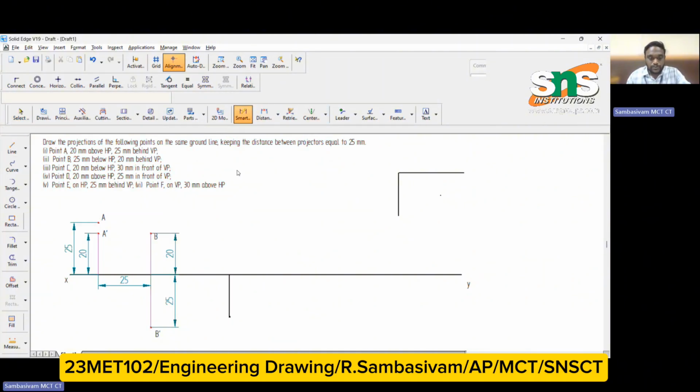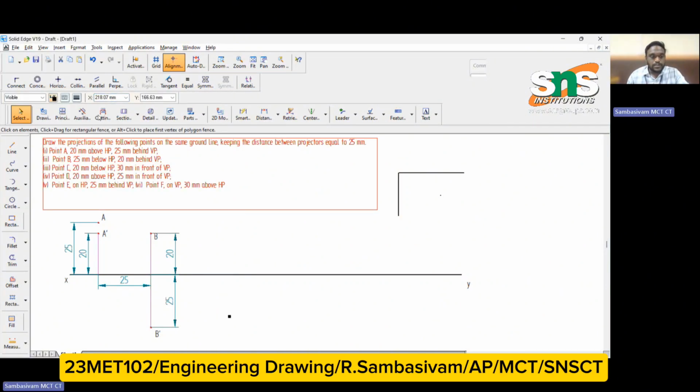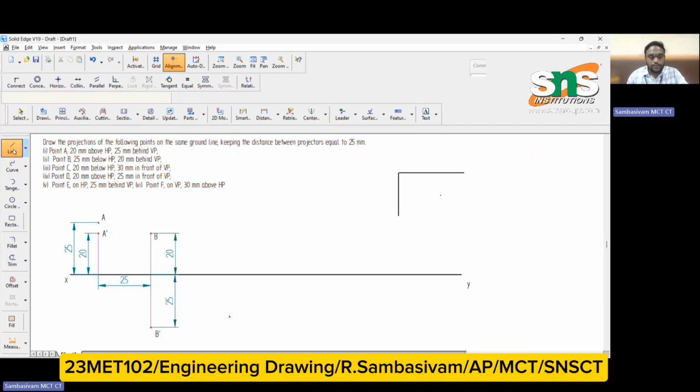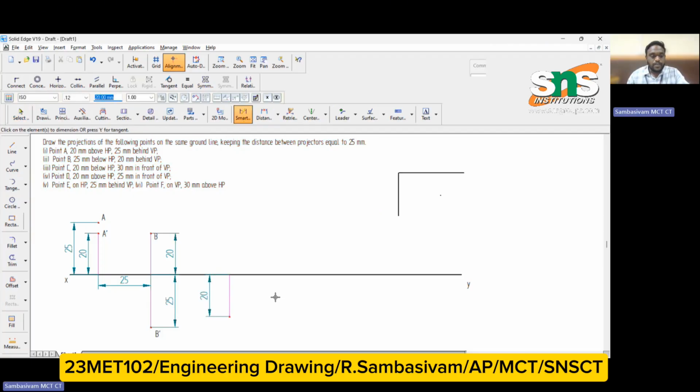When you see the dimension, you will understand that this is 20 mm. The point should be in a different color, so I just clicked it. Similarly, the point I have drawn is 20 mm. The size will be 0.13, and you can use a similar color, and the smart dimension for this is 20 mm.